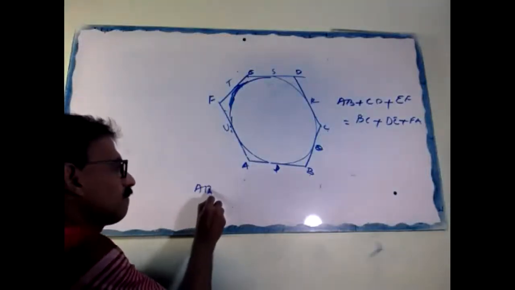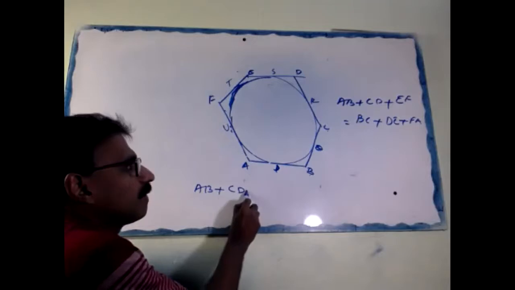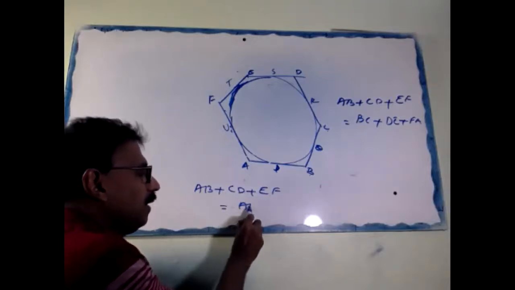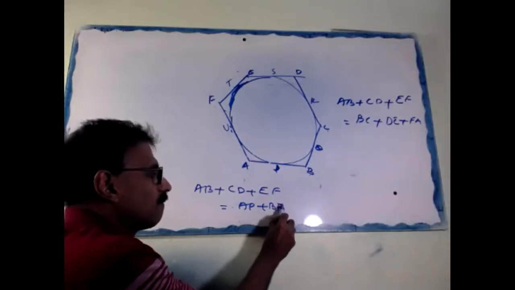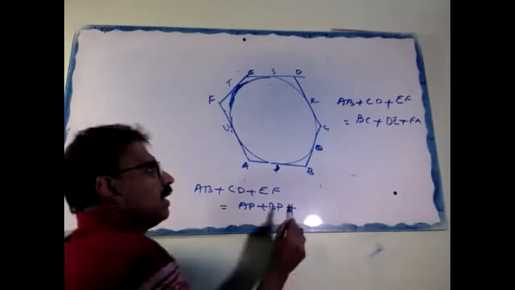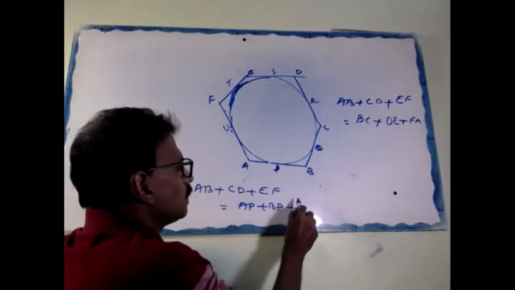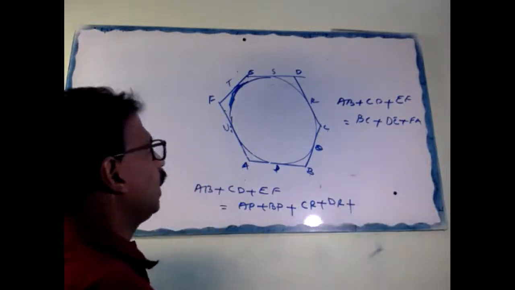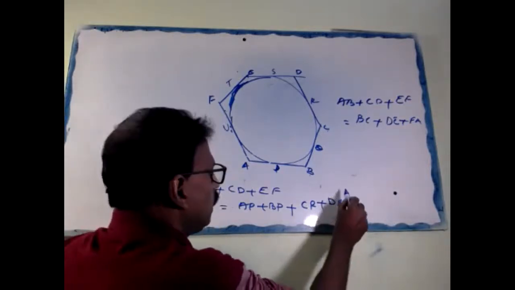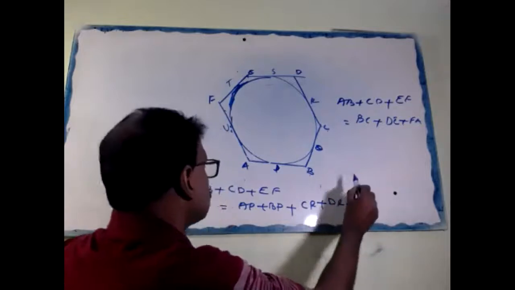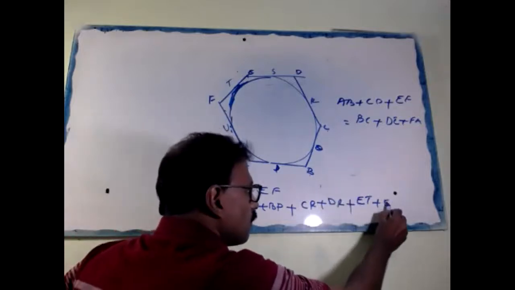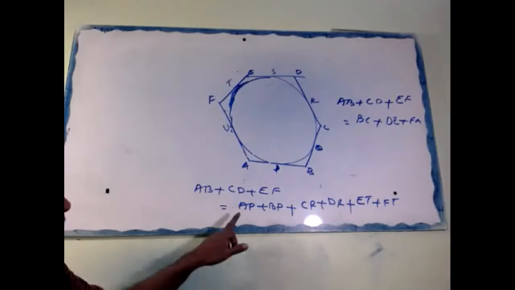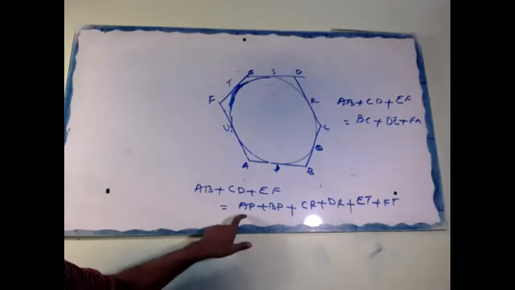AB plus CD plus EF, we can write AB as AP plus BP, CD as CR plus DR, EF as ET plus FT. Okay, correct or no?